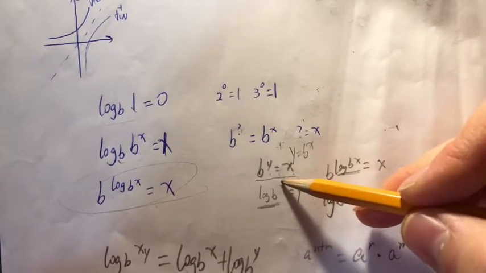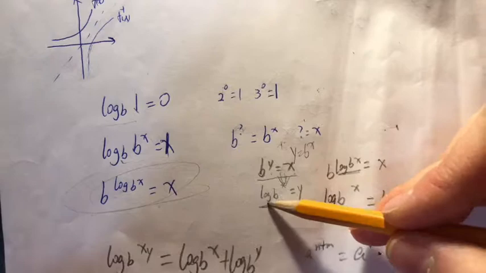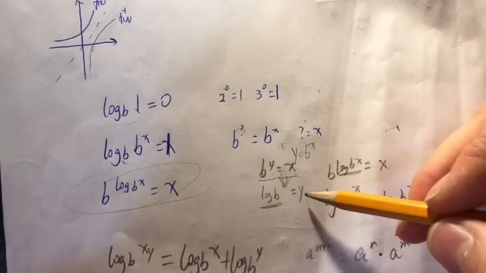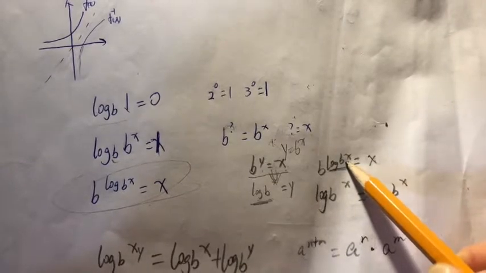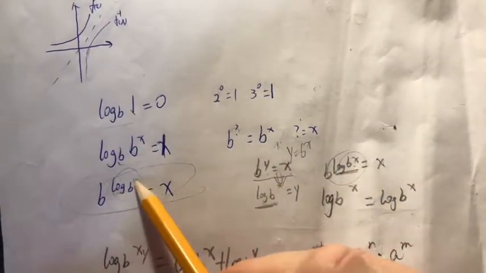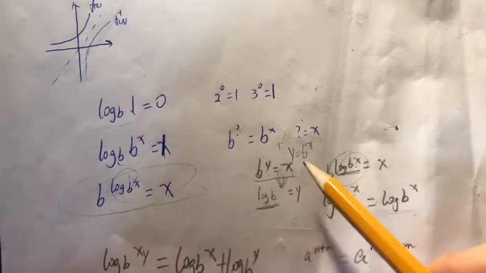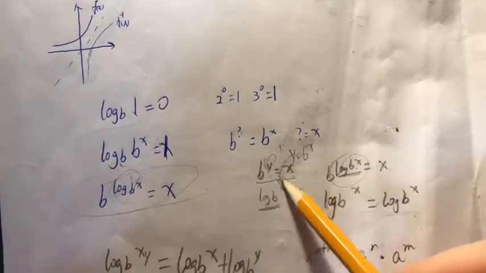When we turn it into the log, it's going to be log_b of it equal to y. And then we treat this thing as the same thing, and we'll realize, what is this part? This part is equal to y, right? So the final answer is going to be x.